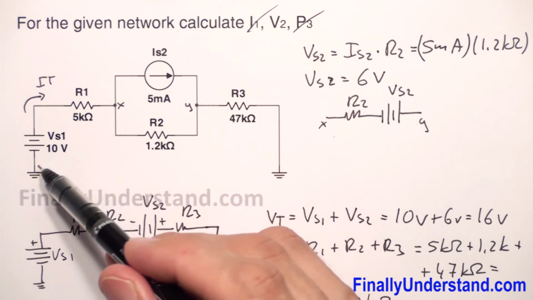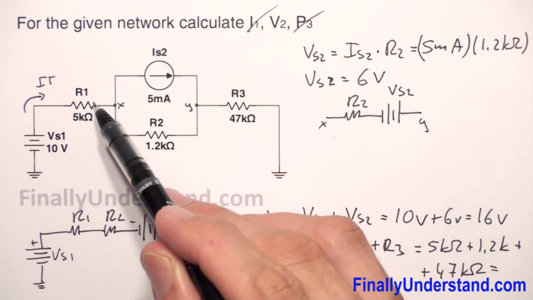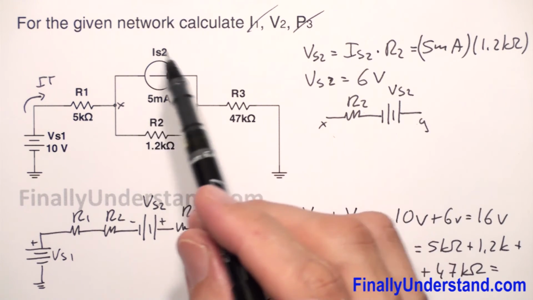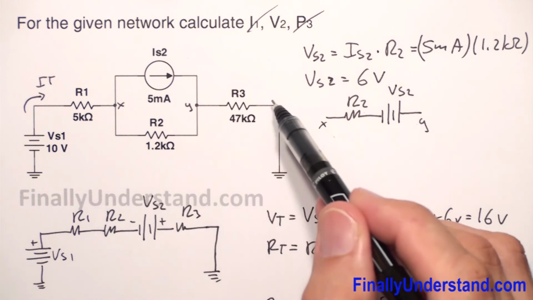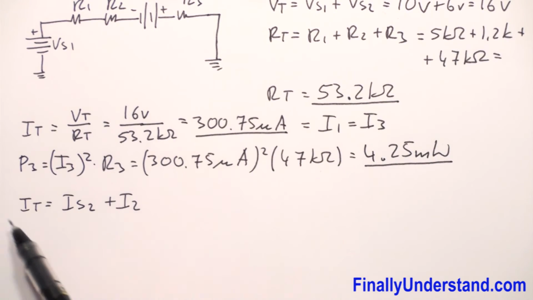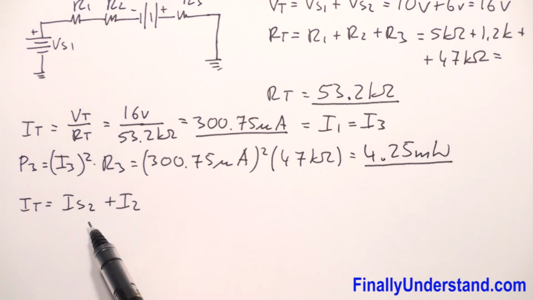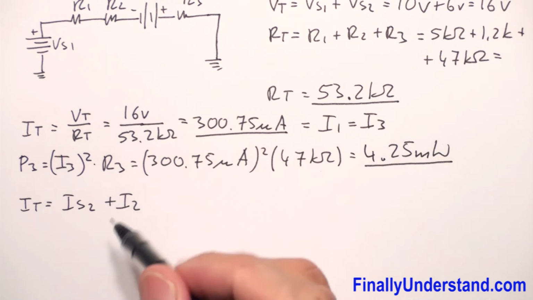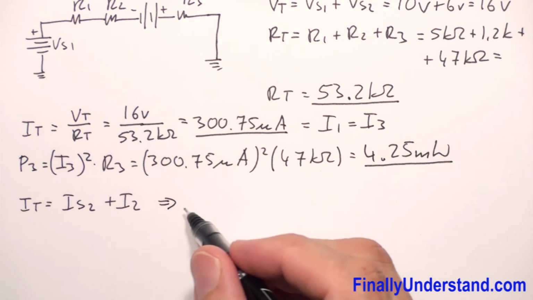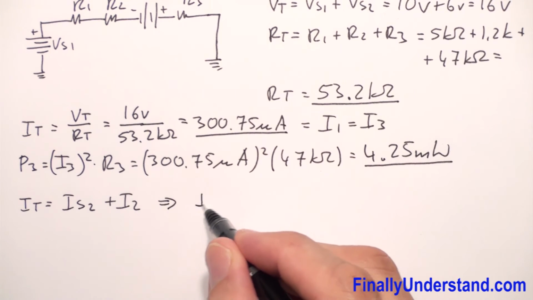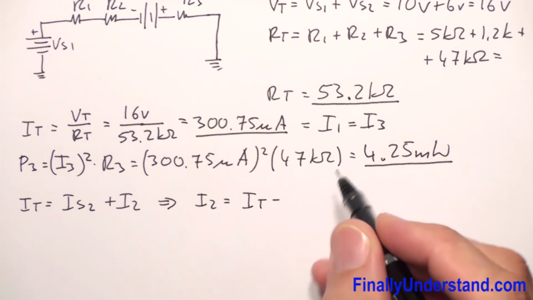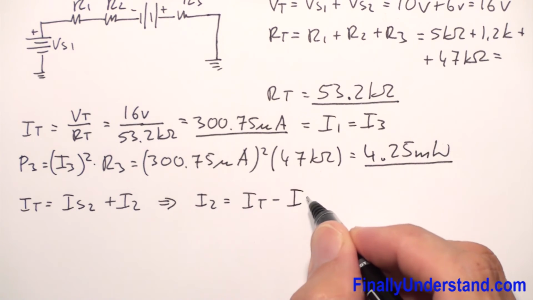Because this current must be equal to the sum of these two, and this current must also be equal to this one, that's why I have to write that I total is equal to I source 2 plus I2. But this time I'm looking for I2. So you have to use algebra and simply find that I2 is equal to I total minus I source 2.